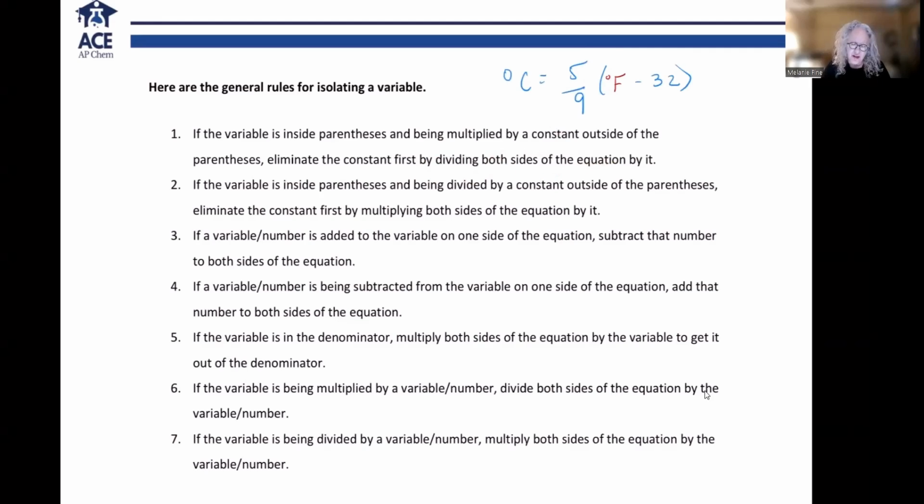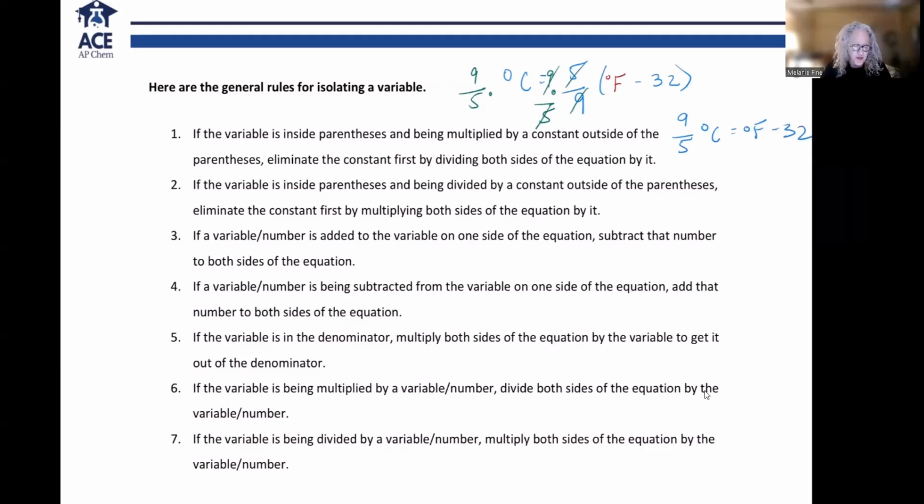To divide by 5/9 is the same thing as multiplying by 9/5, the reciprocal. So I'm going to do that on both sides. What I do to one side of the equation, I do to the other. So now my equation becomes 9/5 degrees Celsius is equal to degrees Fahrenheit minus 32.